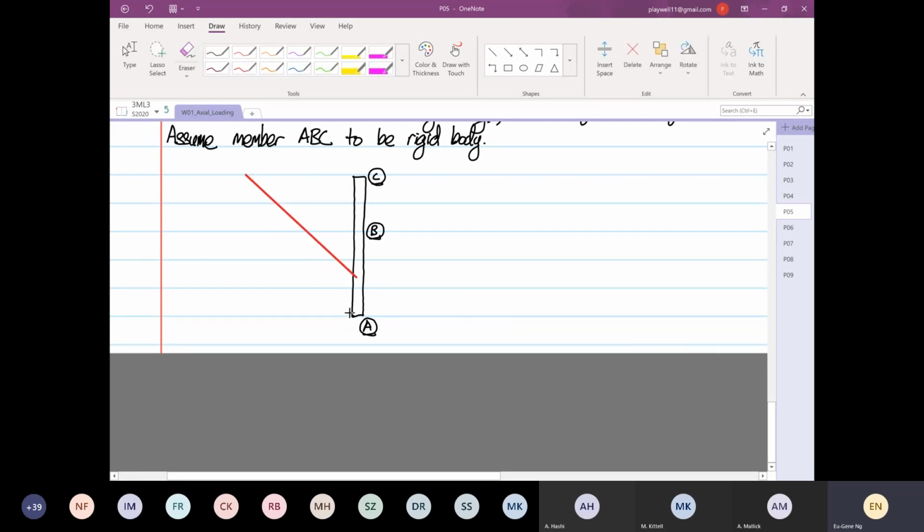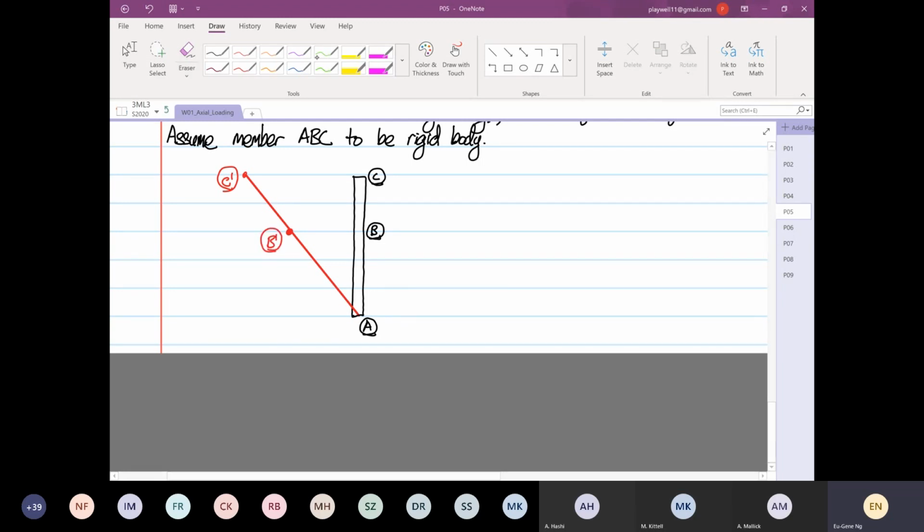It makes our life so much easier. So we know that over here, this is your B prime, and over here this is your C prime. Now this is exaggerated.